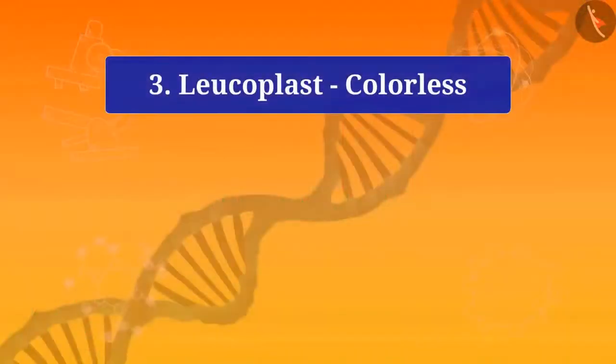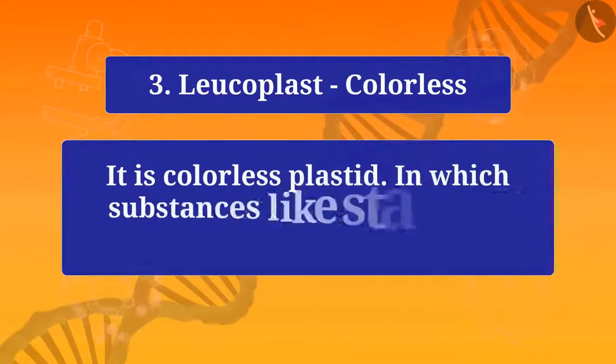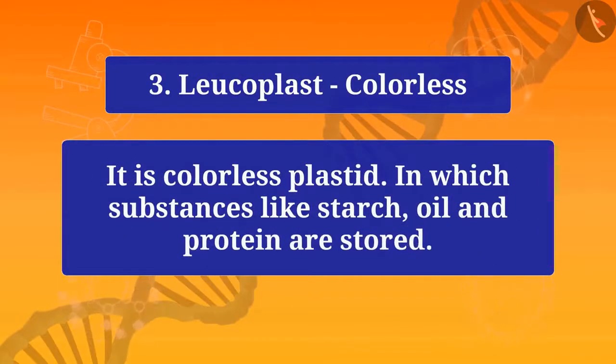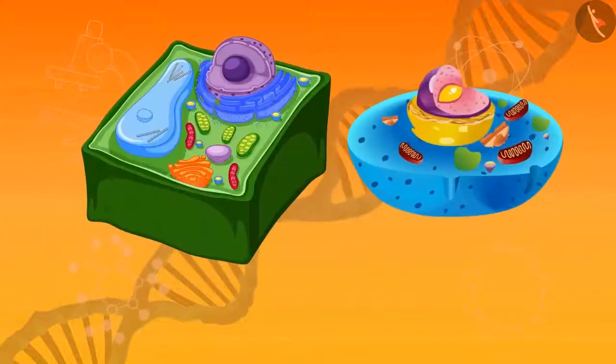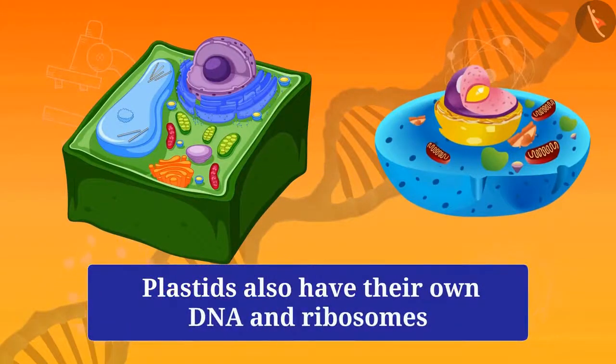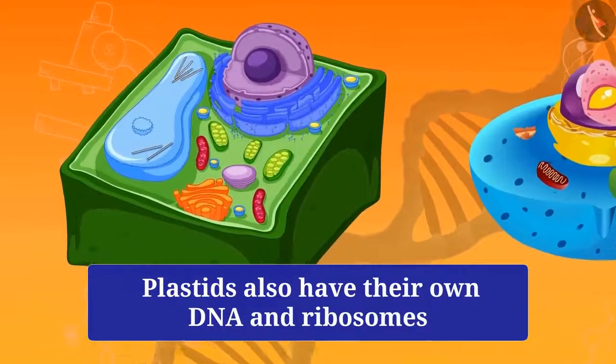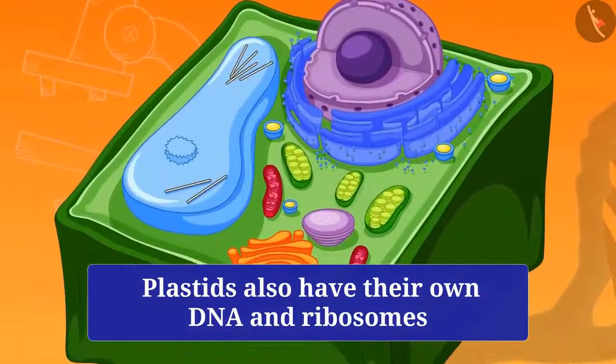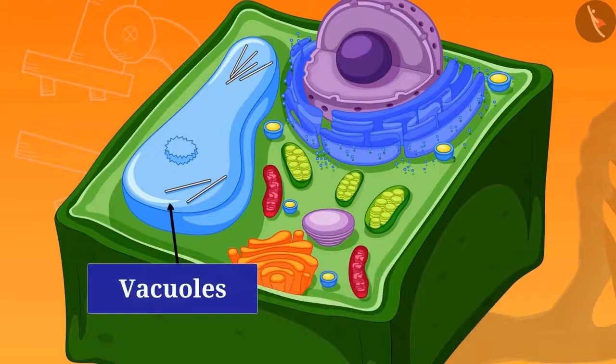Now we will know about leucoplast. Friends, it is a colorless plastid in which substances like starch, oil, and protein are stored. Friends, do you know plastids also have their own DNA and ribosomes which help in synthesis of protein and lipids?